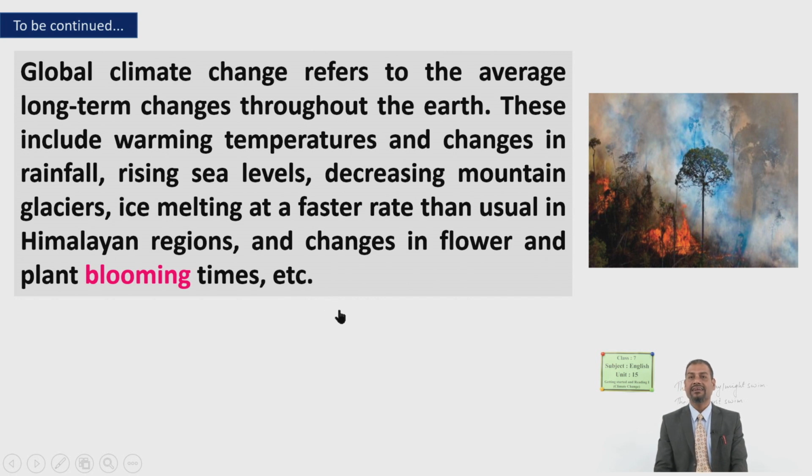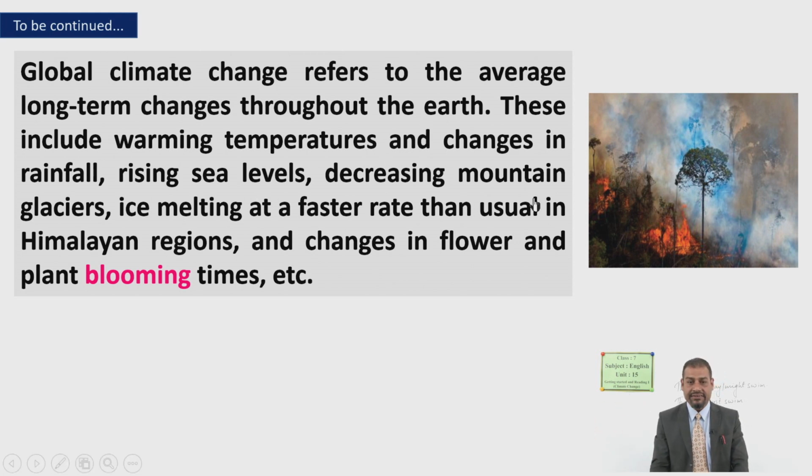See, these are the effects because of climate change, because of global warming, we get this type of problems. So what are the problems that we are getting because of climate change? What are they? Good. They are warming temperatures and changes in rainfall, rising sea level. See, the level of water comes up in the seas and oceans.